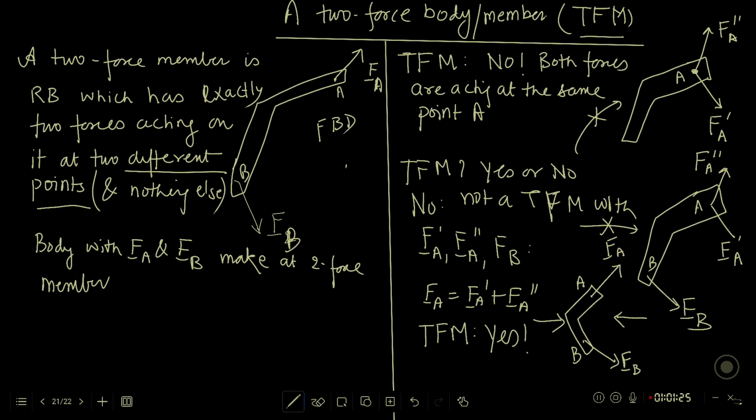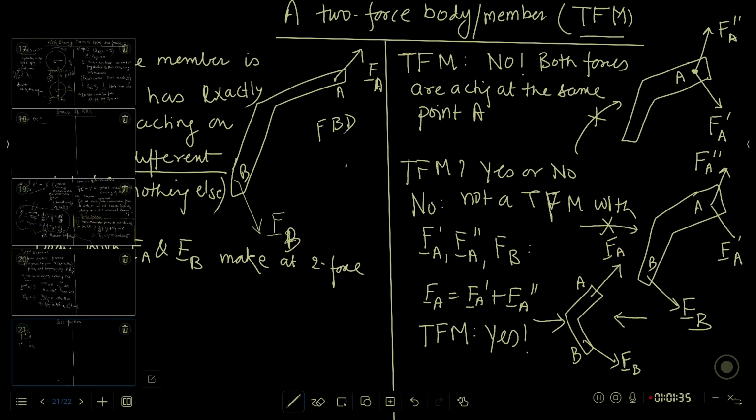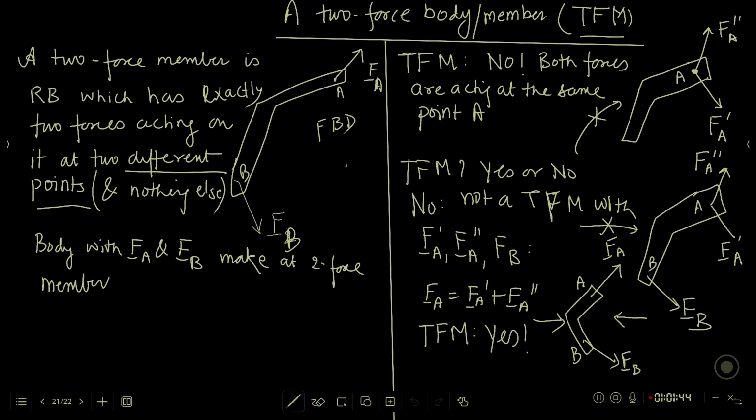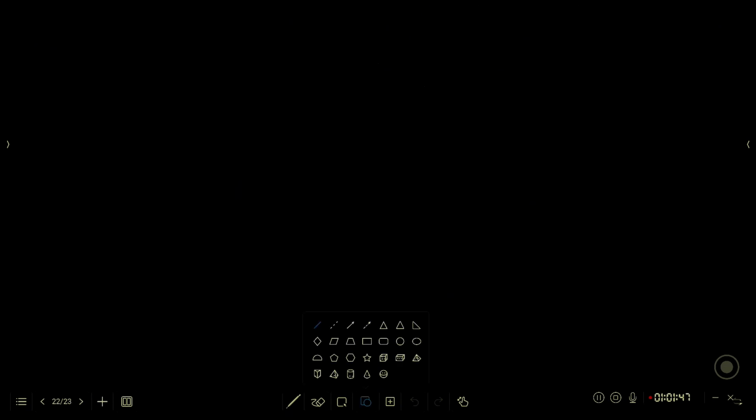Now let's look at another case. I have an object and somebody applied FA at A, FB at B, and then C, moment due to a couple, you remember?